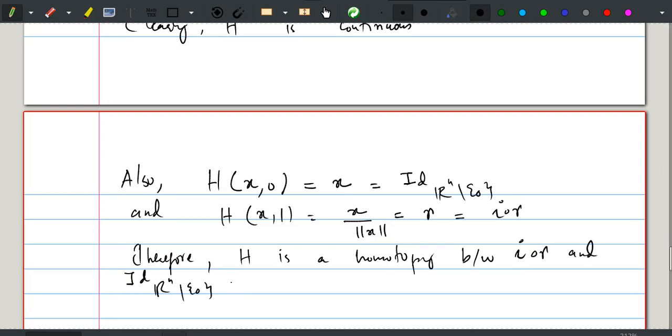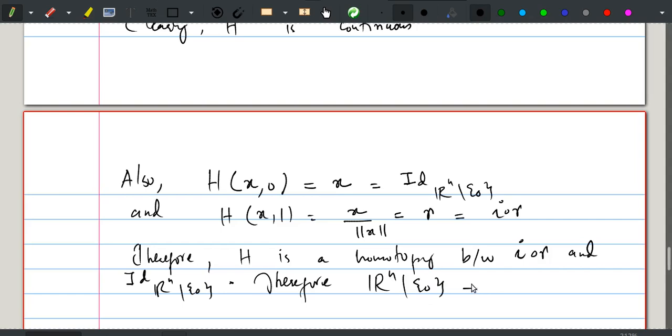If this is so, that means these two spaces are homotopy equivalent. Therefore Rn set minus 0 is homotopically equivalent to Sn minus 1. So this is it.